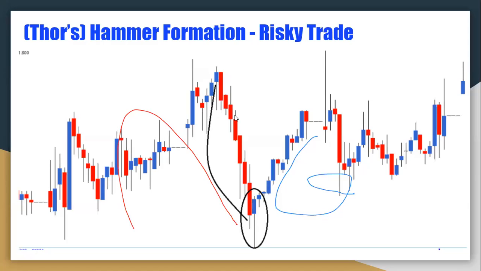This downtrend is followed by a Thor's hammer, a clear long body, then one Thor's hammer, two, and three. There are three Thor's hammers formed here. This indicated that on all three days, bears tried to take the prices down, but they didn't win the battle. Bulls pushed the prices back to where they started.